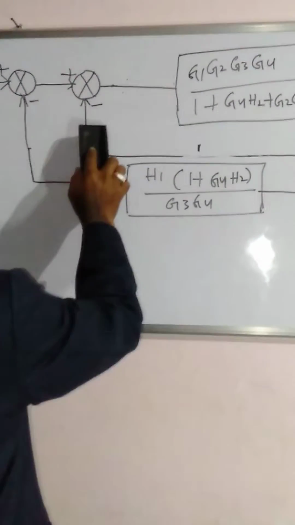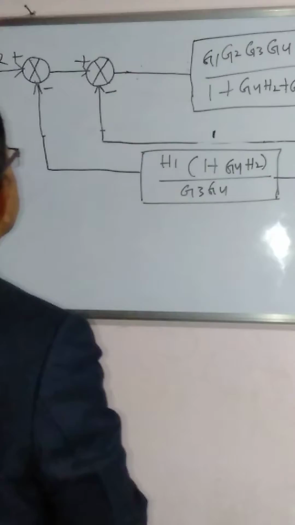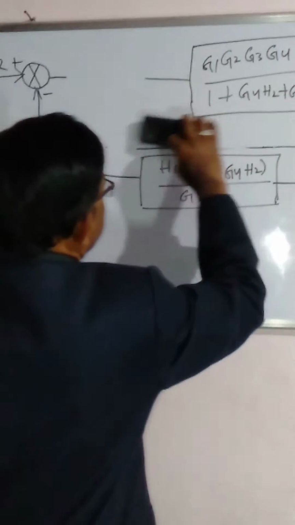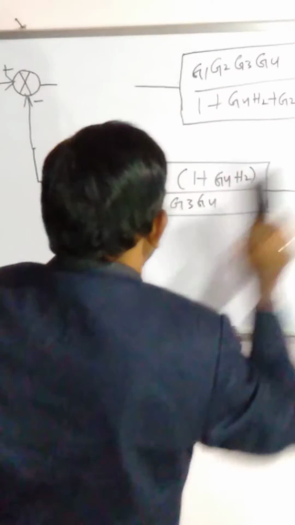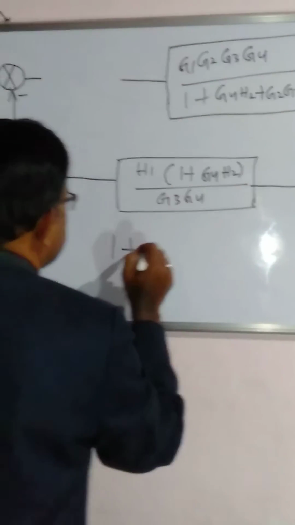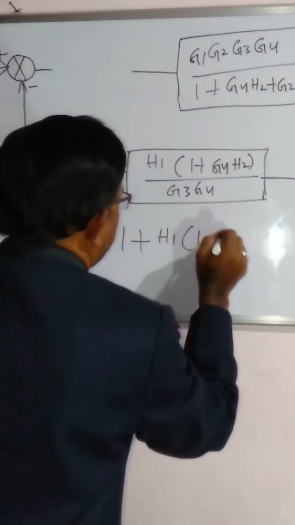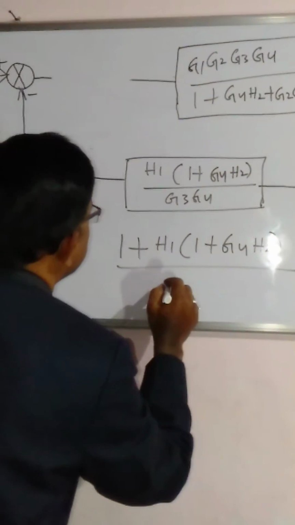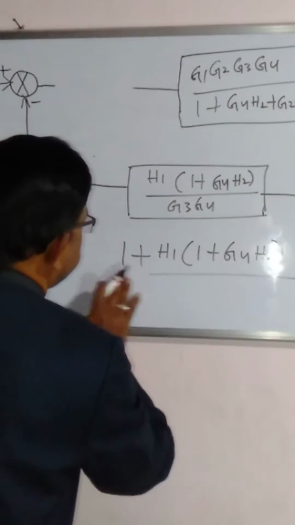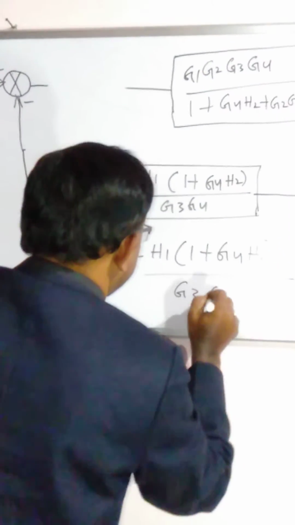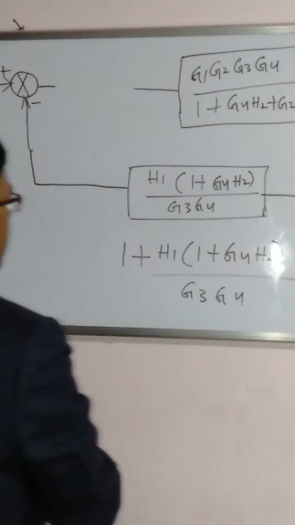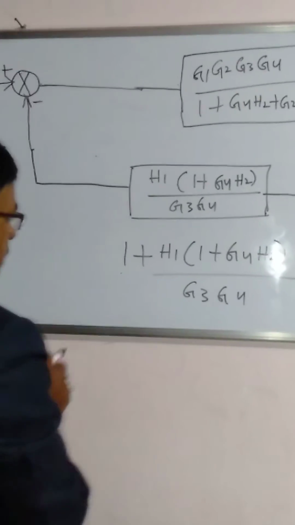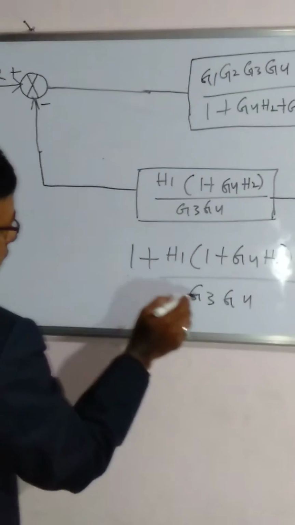Now we can combine these two feedbacks into a single feedback, that is 1 plus H1 into 1 plus G4 H2 by G3 G4.